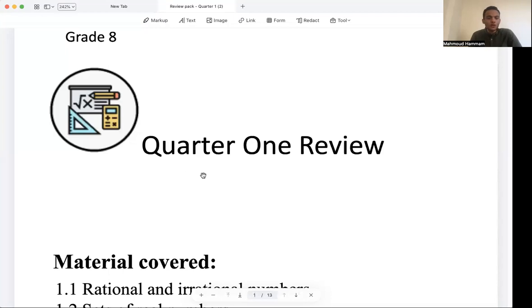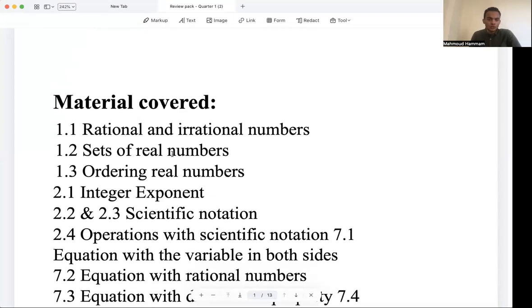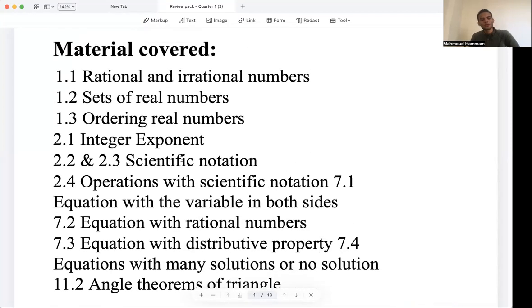Let me share the screen with the revision sheet. Fine. Bismillah. Okay, so this is quarter 1 revision, the material covered.